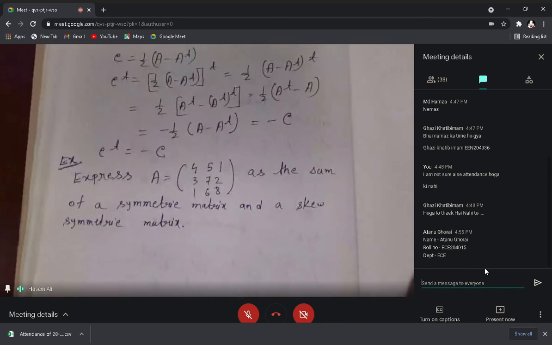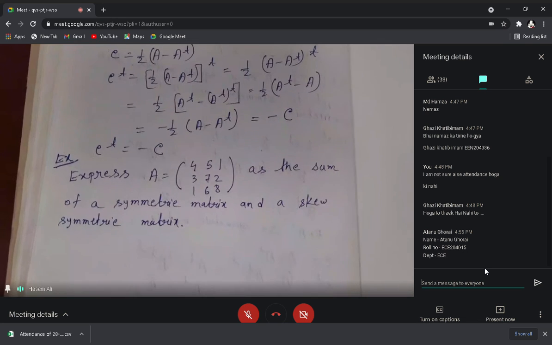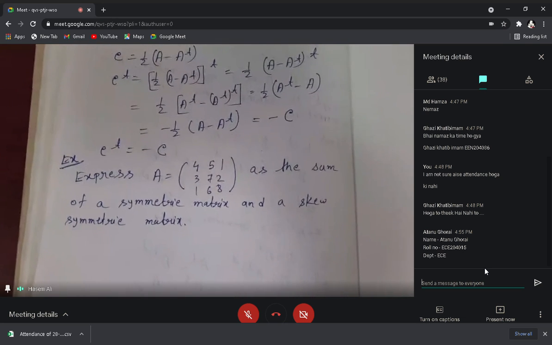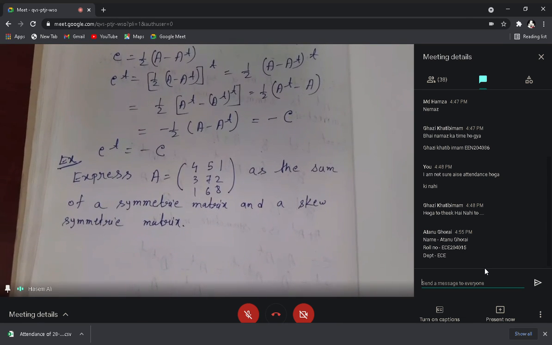This is your homework. Express A as the sum of a symmetric matrix and a skew-symmetric matrix.